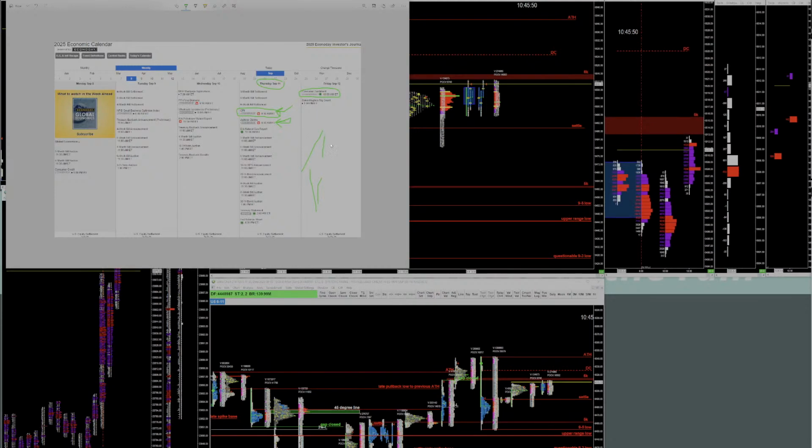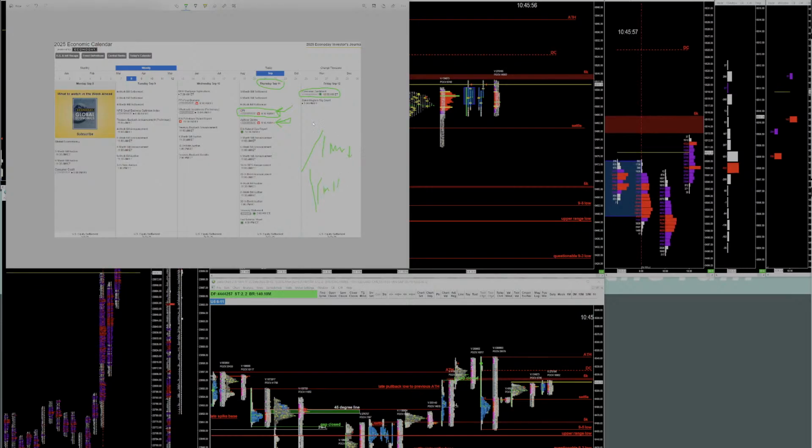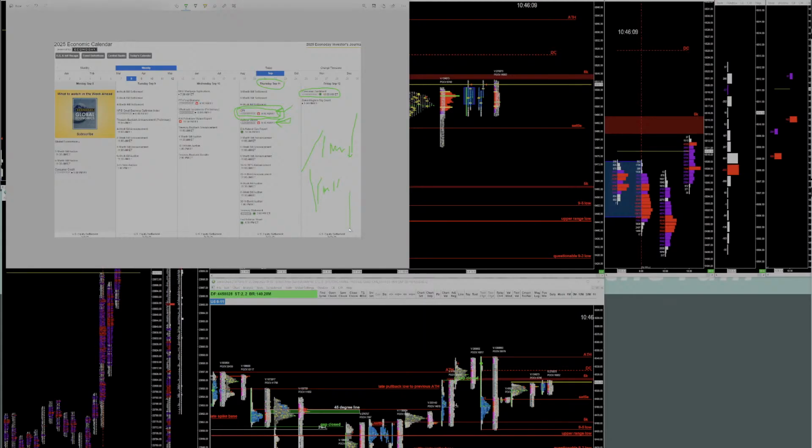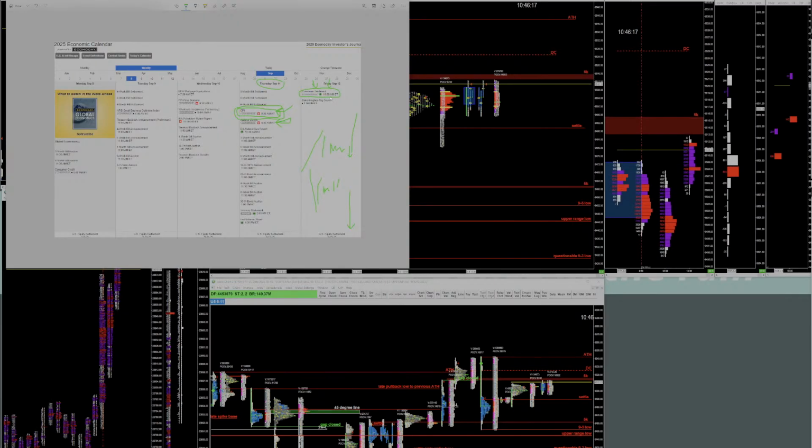It may even trace sideways, trying to push higher or lower. And after a while, whatever was meant to happen during this day just continues. That's an A scenario here for Friday.